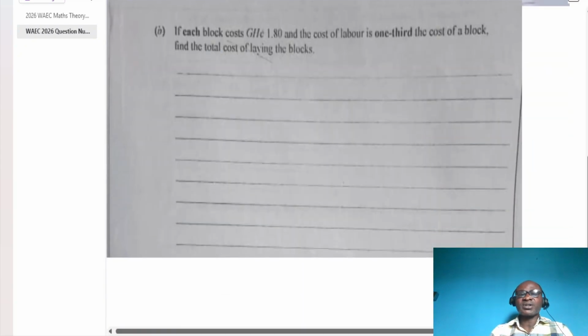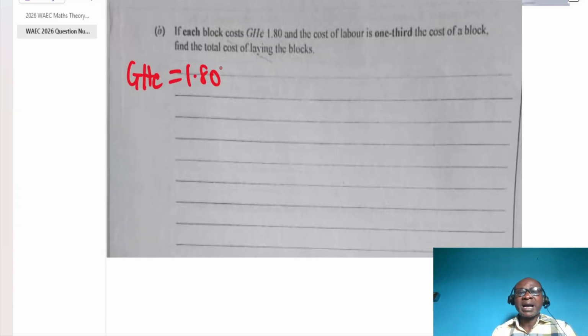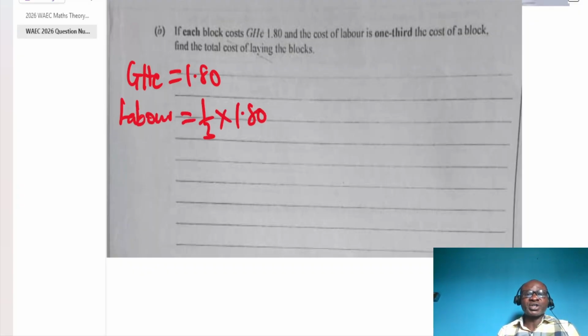All right, let us look at question number 3B. If each block costs Ghana cedis 1.80, and the cost of labor is 1/3 of the cost of block, that means the cost of labor will now be 1/3 of the cost of block, which is 1.80.